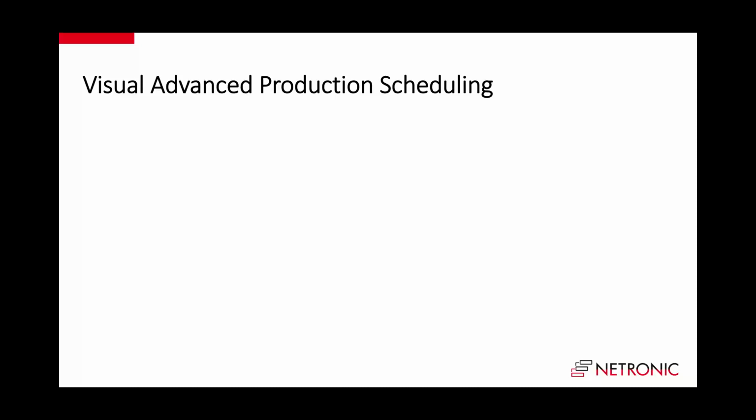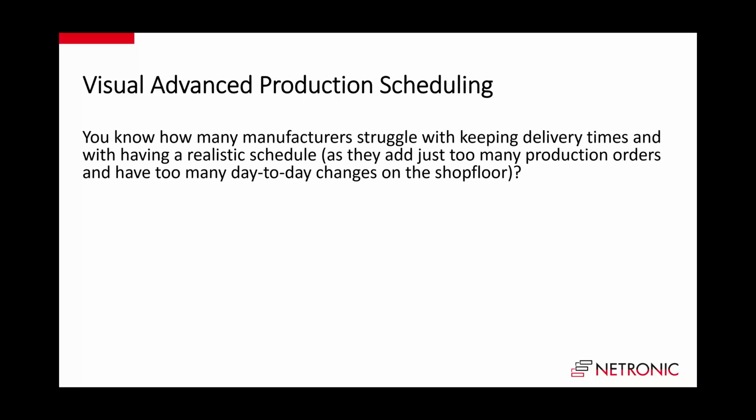I assume that you joined this webinar because you're either a manufacturing company that uses Microsoft Dynamics 365 Business Central or considers using it, or you're a partner who works with manufacturing clients using Business Central. I'm pretty sure that you know how many manufacturing customers struggle with keeping delivery times and with having a realistic schedule.